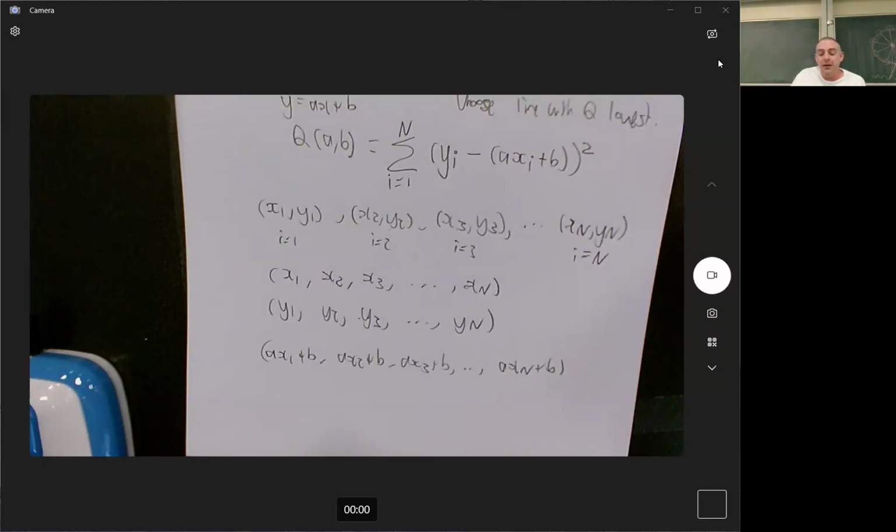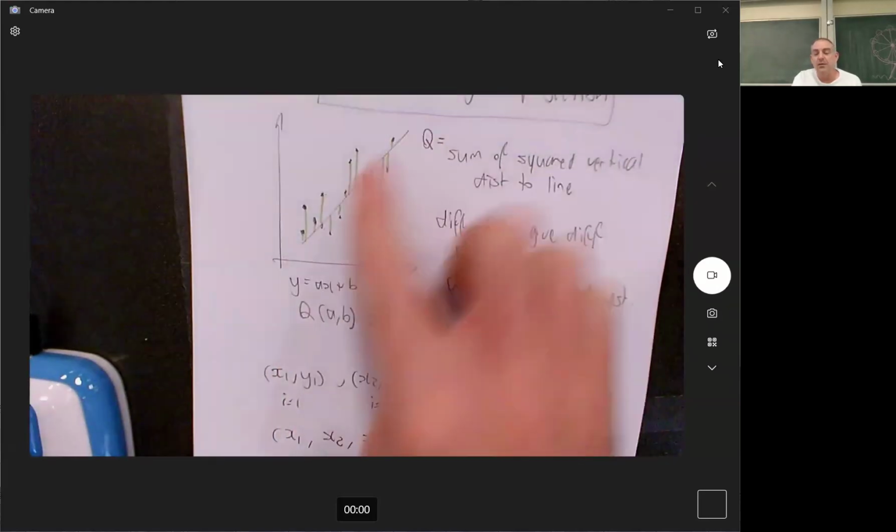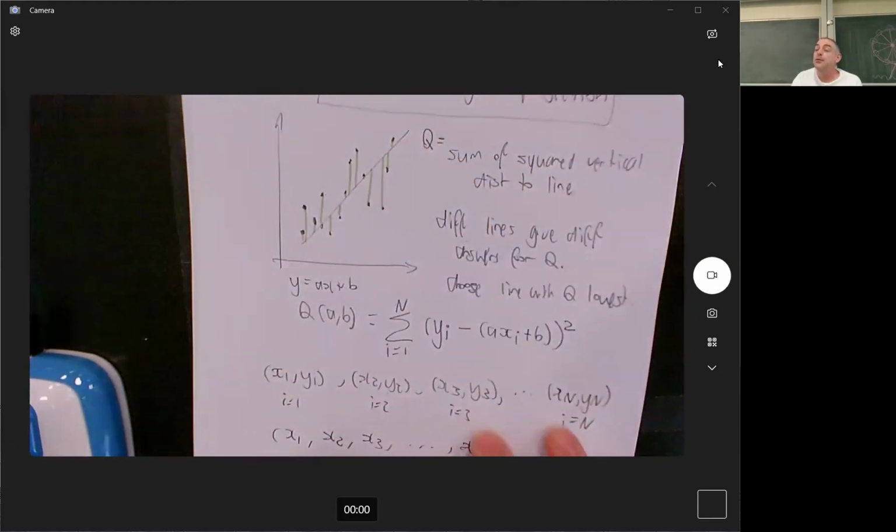And what you would like is for all of these y coordinates to be as close as possible to these y coordinates. Because that would mean that all of this line is as close as possible to all these dots. So that's what you want.